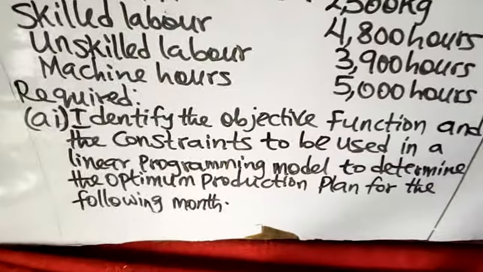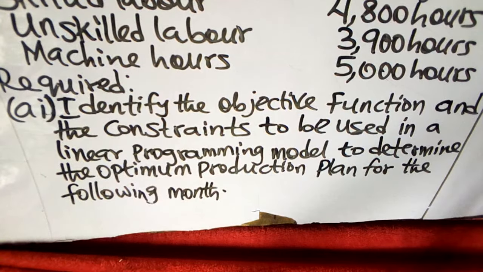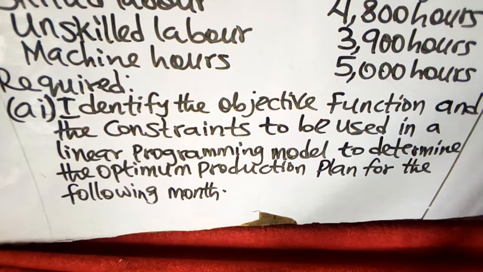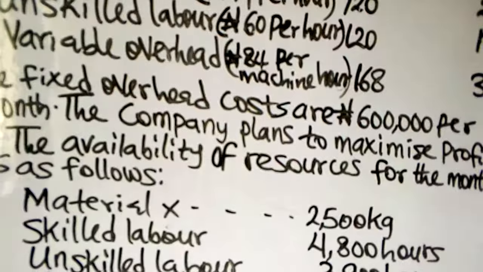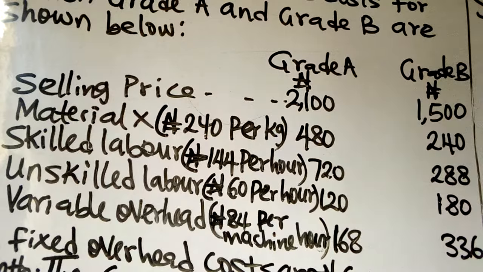Then we want to start with the first requirement, which is A1. You have to identify the objective function. On the basis of the information provided, you are given information about the selling price and cost structure of LP.